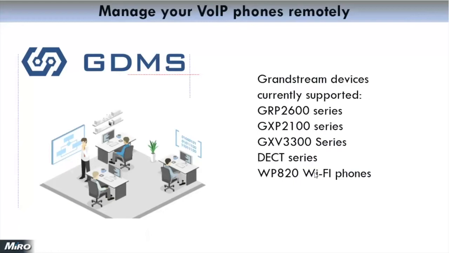We also do support the WP820 and WP810 Wi-Fi phones that are both dual band Wi-Fi phones, with the WP810 being an 802.11ac Wi-Fi phone. Those are also supported in our GDMS cloud.